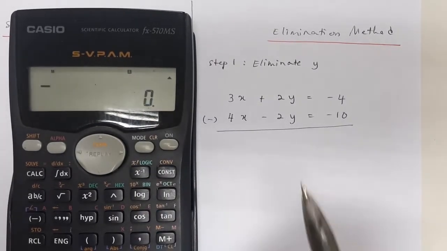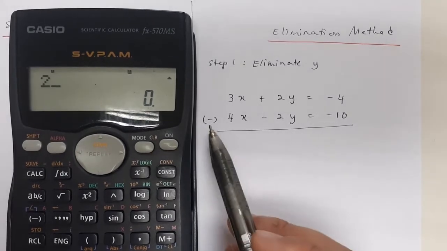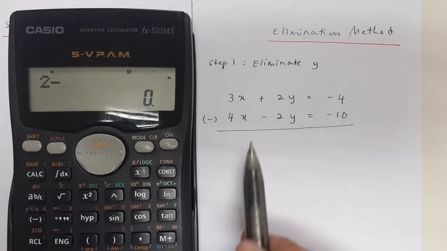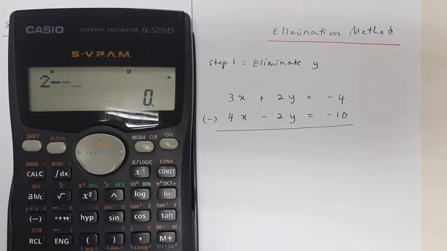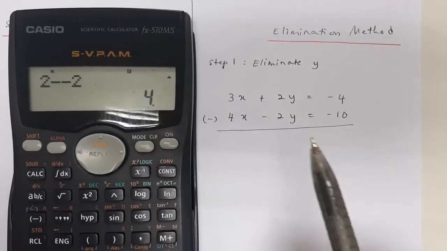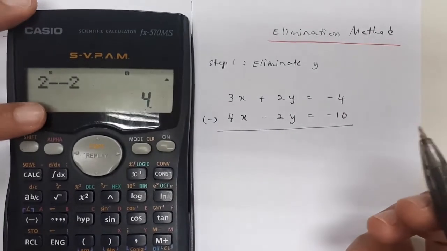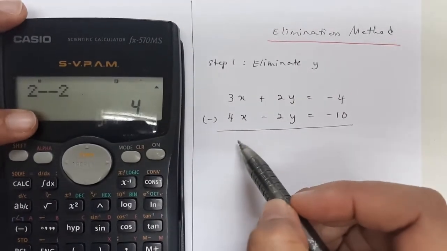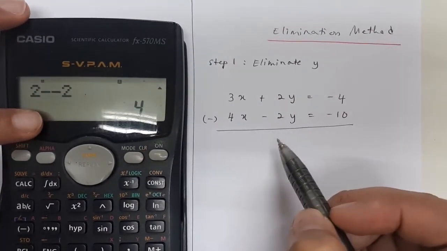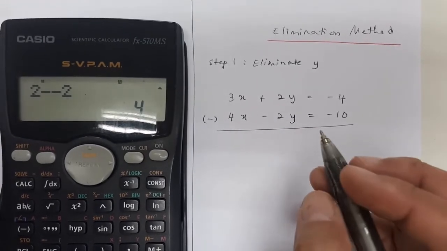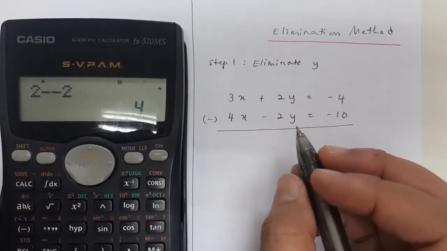And then 2 minus negative 2 equal 4. So in conclusion, we cannot put minus because x will become negative 1 and y will become 4. So we fail to eliminate either x or y.